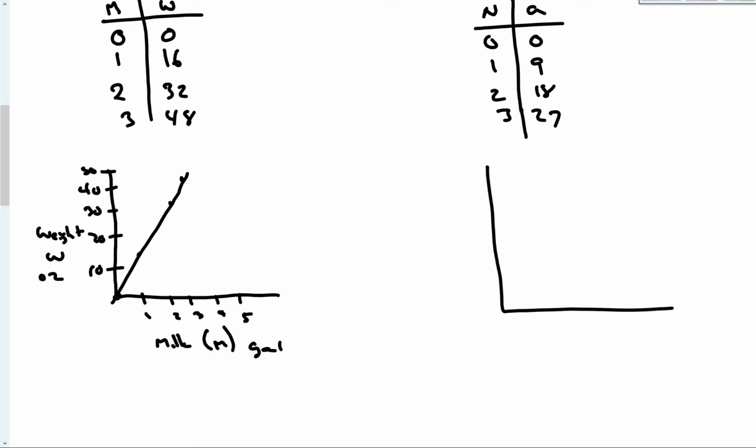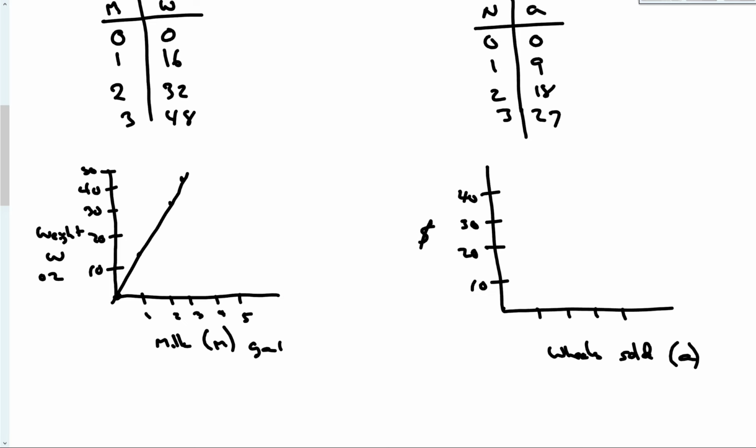So again, let's make a little graph. My x-axis is going to be wheels sold. My y-axis is going to be dollars. Okay, so we're going to go 1, 2, 3, 4, and we'll go 10, 20, 30, $40.